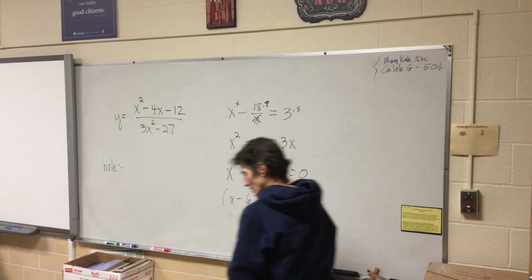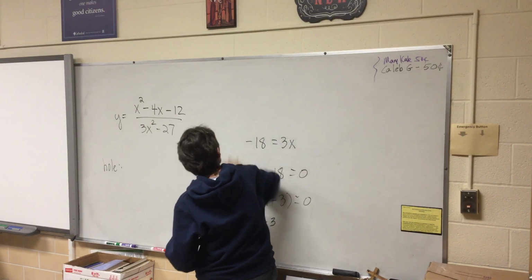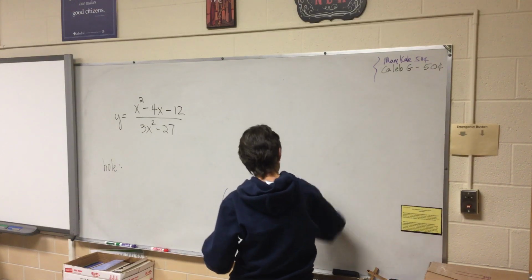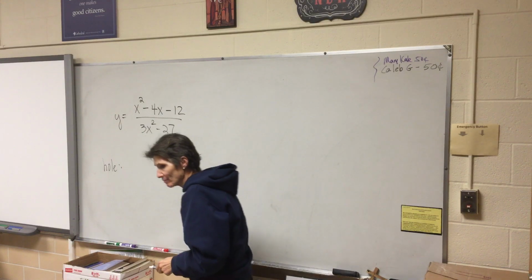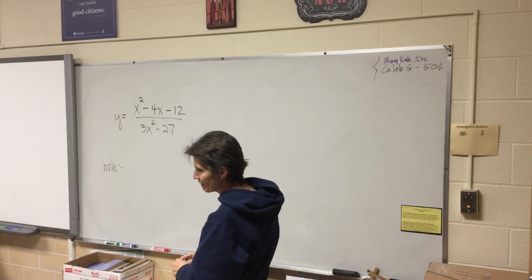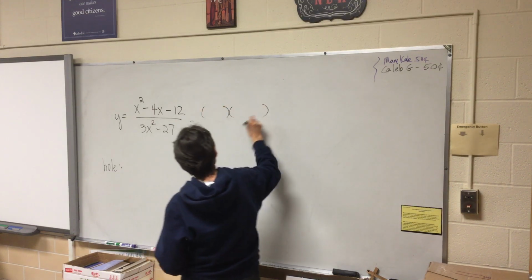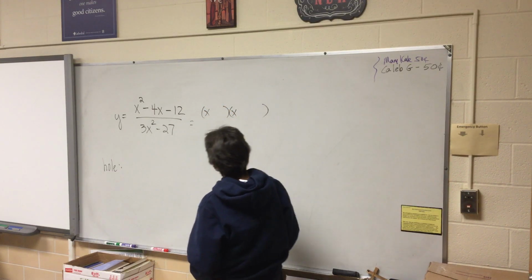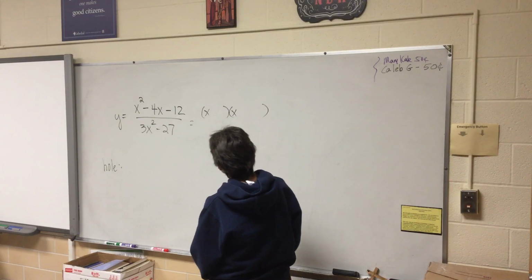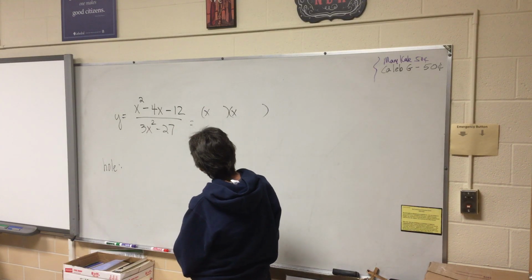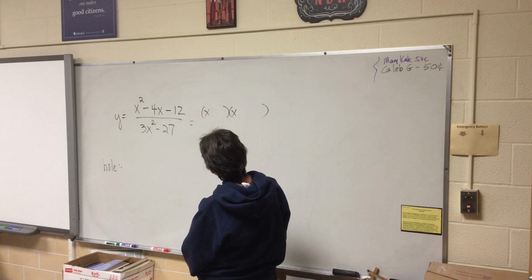Okay. So what do I need to do? We got the top distributes and the bottom distributes. Yep, we're gonna factor everything, that's exactly right. So we gotta factor it all. So the top, how does the top factor? 3 and 4. No. It's 6 and 2.